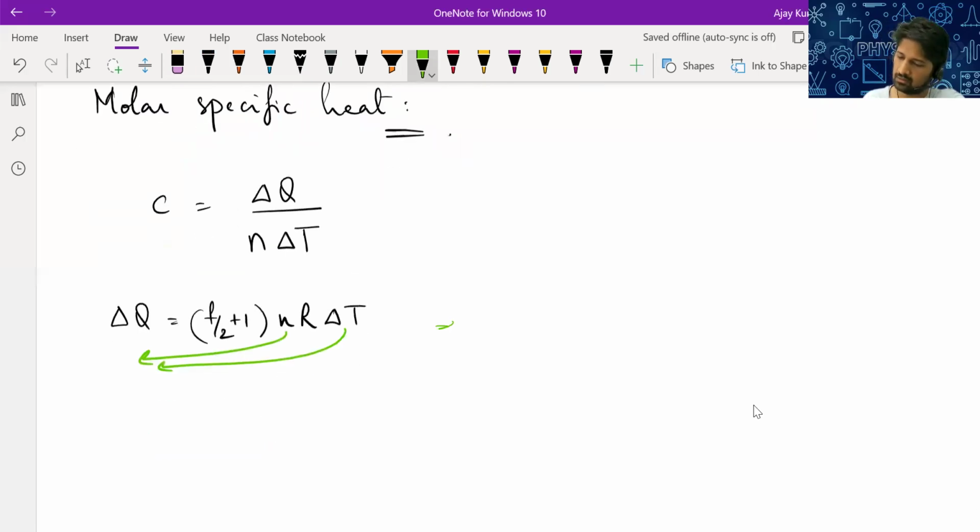So you get delta Q by n delta T as what remains? (F by 2 plus 1) multiplied with R. Then that itself should be the molar specific heat for this kind of a process.